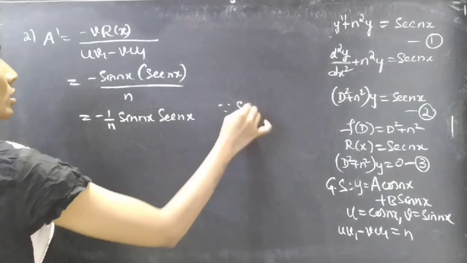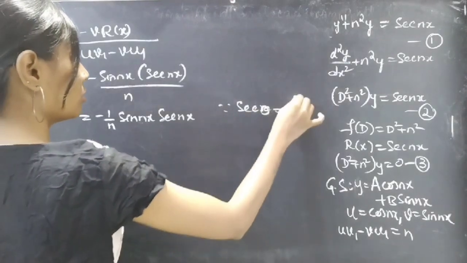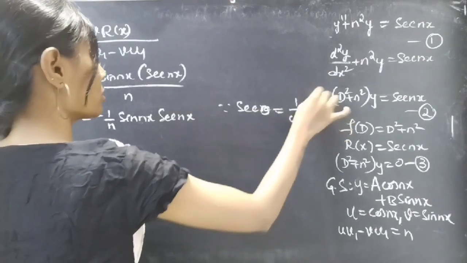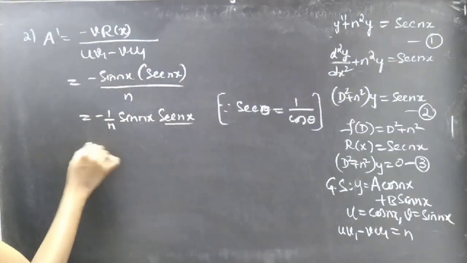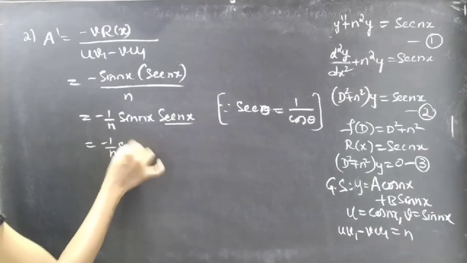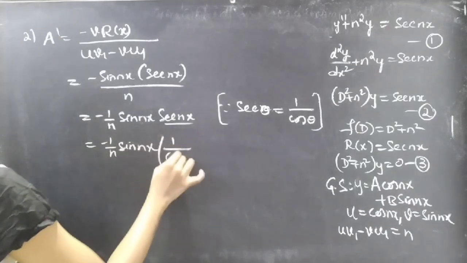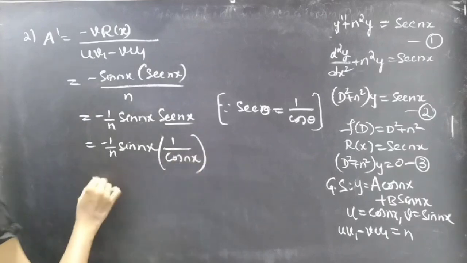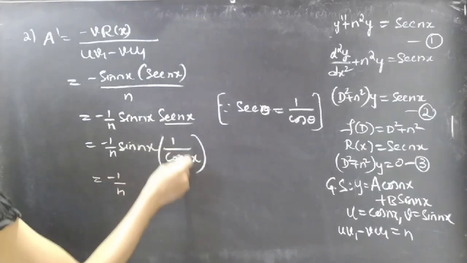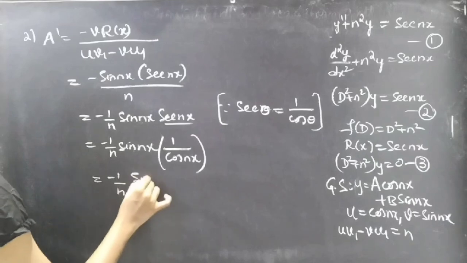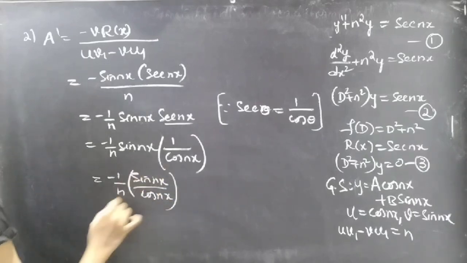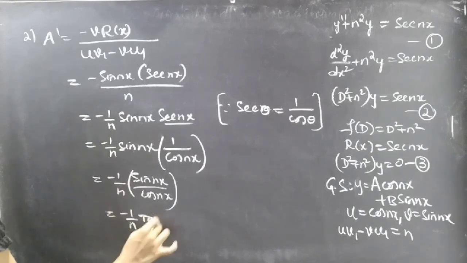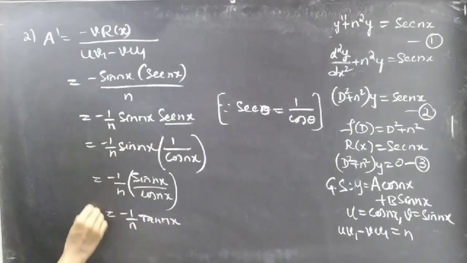Since we know that secant theta is the reciprocal of cos theta, we'll replace secant nx with the reciprocal of cos nx for our convenience. It equals minus 1 by n into sin nx into 1 by cos nx, which is sin nx by cos nx, which is tan nx, right? Therefore a dash equals minus 1 by n tan nx.